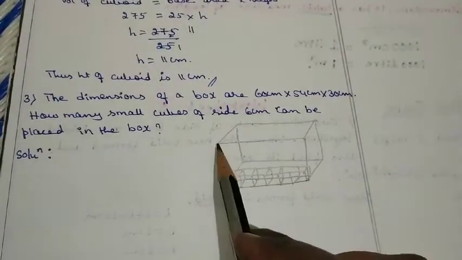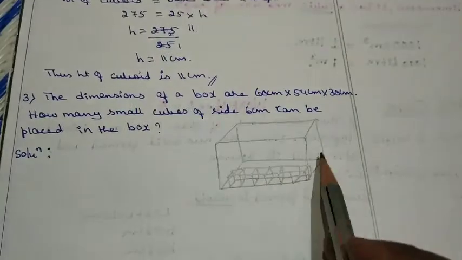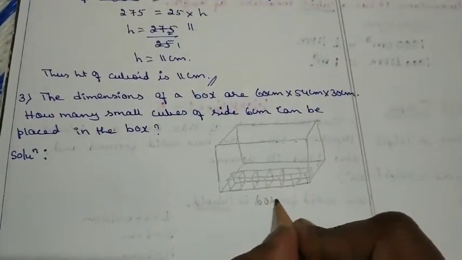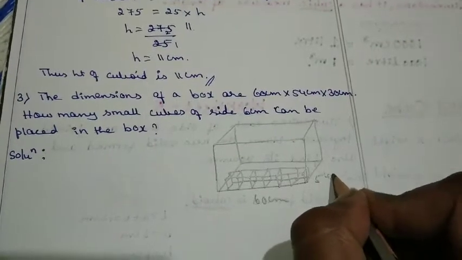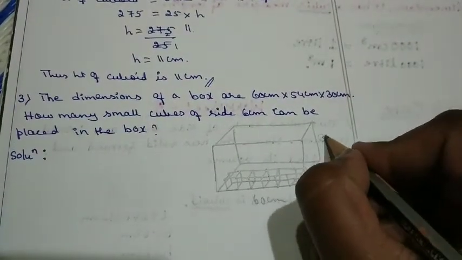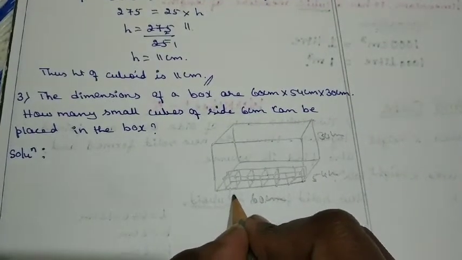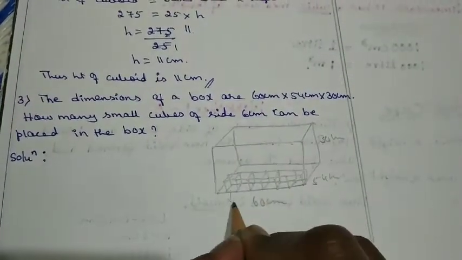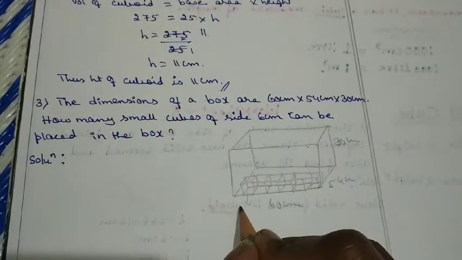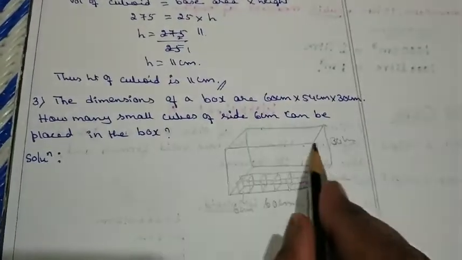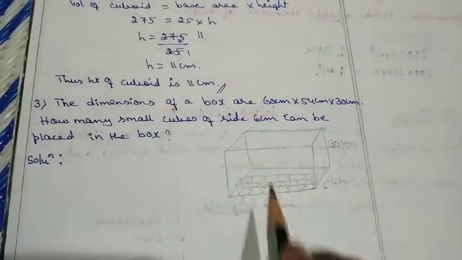So here we can see the cuboid is drawn, whose dimensions are 60 centimeter, 54 centimeter and the height is 30 centimeter. Inside the cuboid the small cubes are placed whose dimension is 6 centimeter. Such that how many cubes can be placed inside the cuboid?